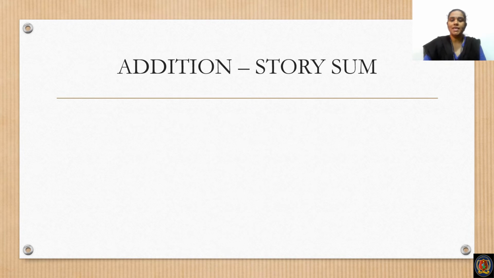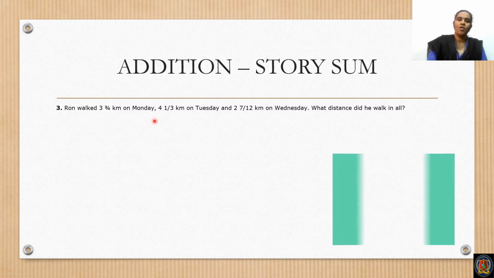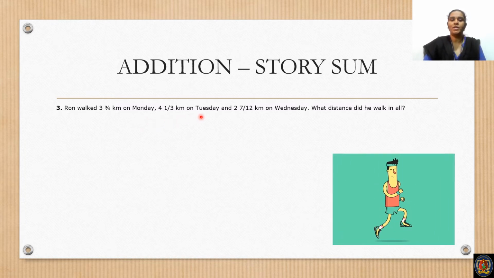Let us now see a story sum in addition of fractions. Ron walked 3 by 4 kilometer on Monday, 4 1 by 3 kilometer on Tuesday, and 2 7 by 12 kilometer on Wednesday.